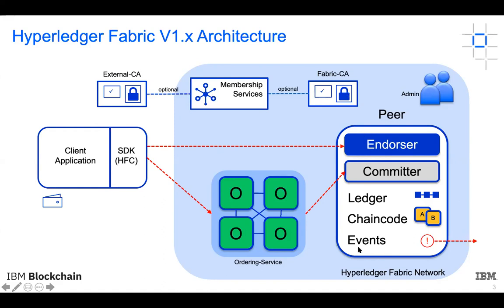If we look in more detail at the peer and all of the different things that are going to be part of the Fabric peer, the one thing to understand is that at a minimum, if you want to be a peer, you need to be a committer.